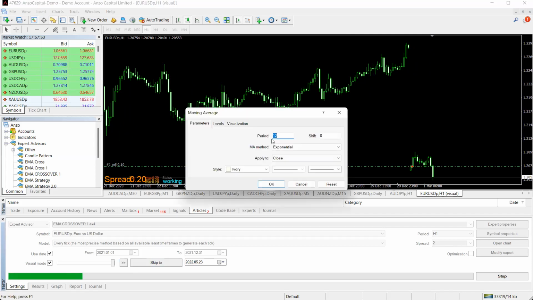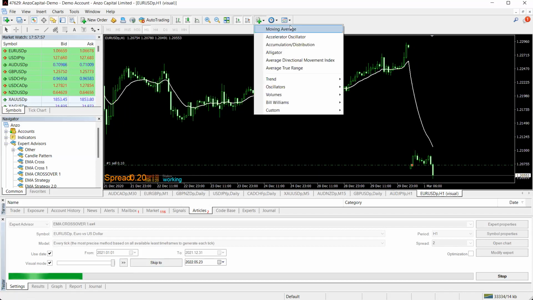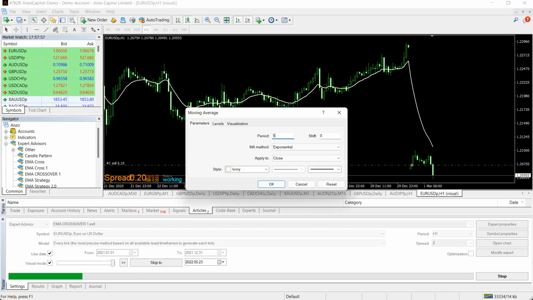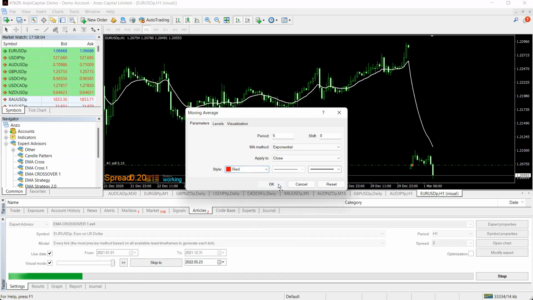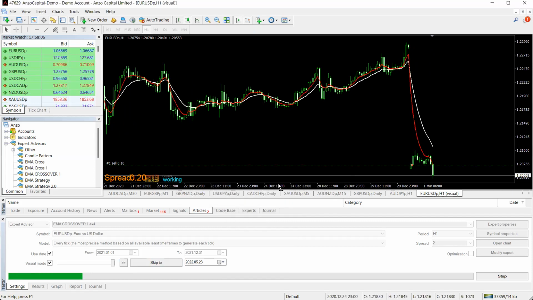Let's add the moving average, the 12 period, and make it white. We're also going to add another one, the 5 period. This is just so we can visually see what is going on. So we have both EMAs on our chart.